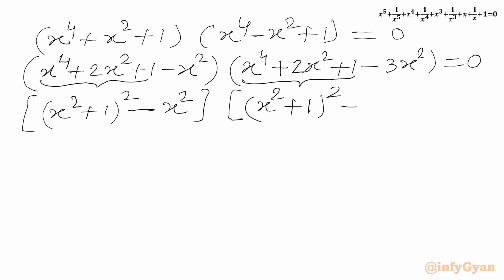And then we will write 3x square, which we can write as root 3 times x whole square, so that we can use the difference of two squares formula. Let's apply.